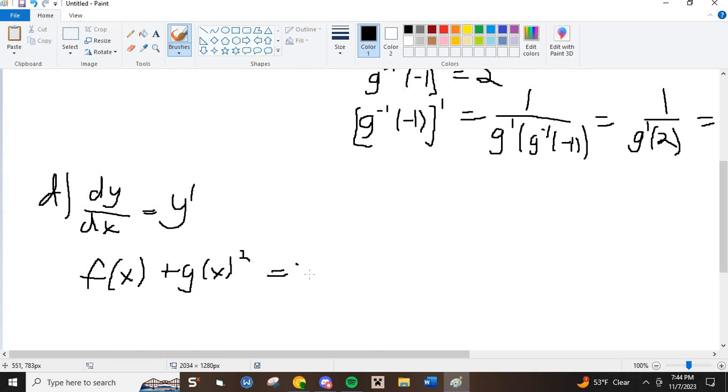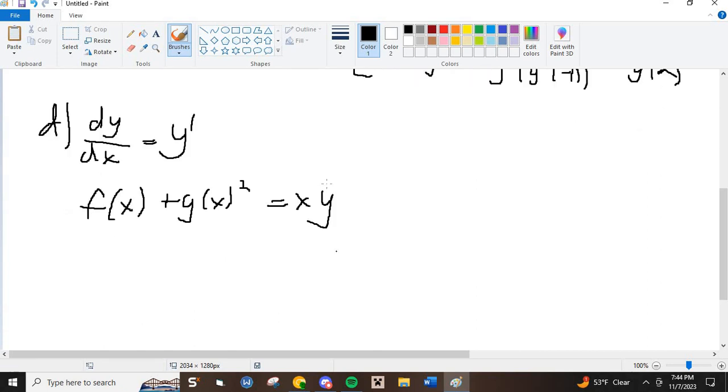is equal to xy. And so to find y prime, you need to take the derivative of both sides, so that's just going to be f prime of x plus, you need chain rule for this, so it's going to be 2 times g of x times g prime of x.